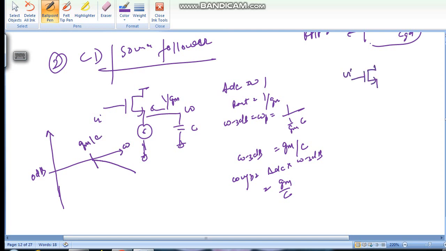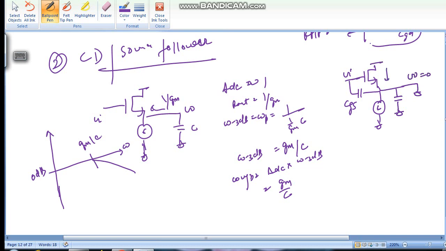So this is Vi, there is some cap CGS, or if you want you can add some cap C. Here C is much greater than CGS, so we can ignore this, but say it is there, and for Vo we will make it ground equal to 0.